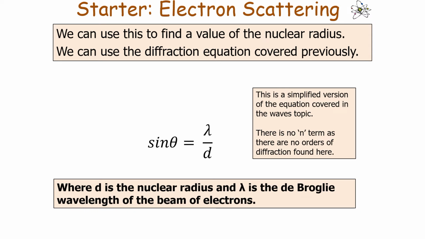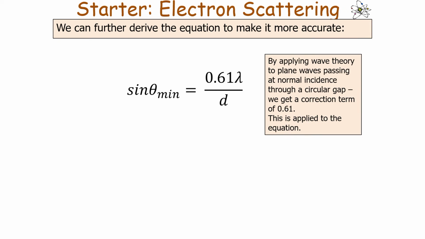Now we can further derive this equation to make it even more accurate, because by applying wave theory to plane waves passing through at normal incidence through a circular gap, which is what we assume the nucleus is like, we get a correction term of 0.61, which we can apply to our equation, where sine theta is equal to 0.61 lambda over d.